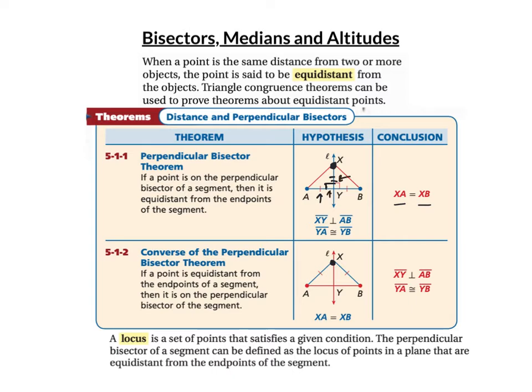So the two triangles are congruent. And CPCTC, the corresponding parts of congruent triangles are congruent. That's why XA and XB are congruent. This is a theorem that's handy, that we use once in a while, but you can look at it and know from congruent triangles that those two segments, XA and XB, have to be congruent.